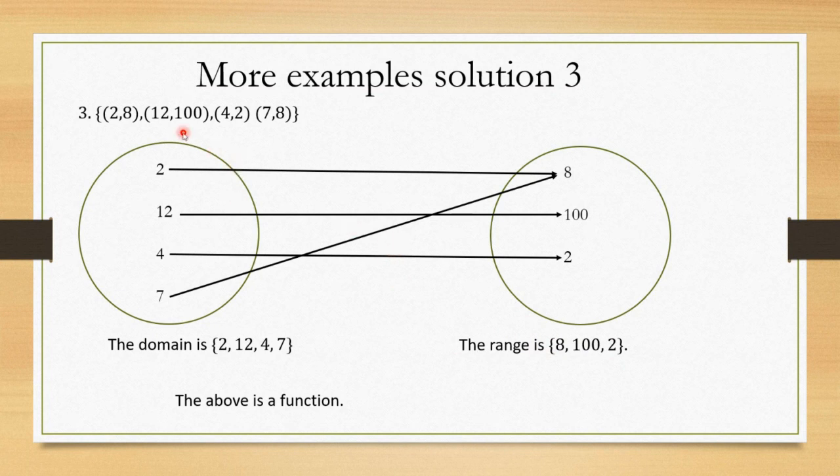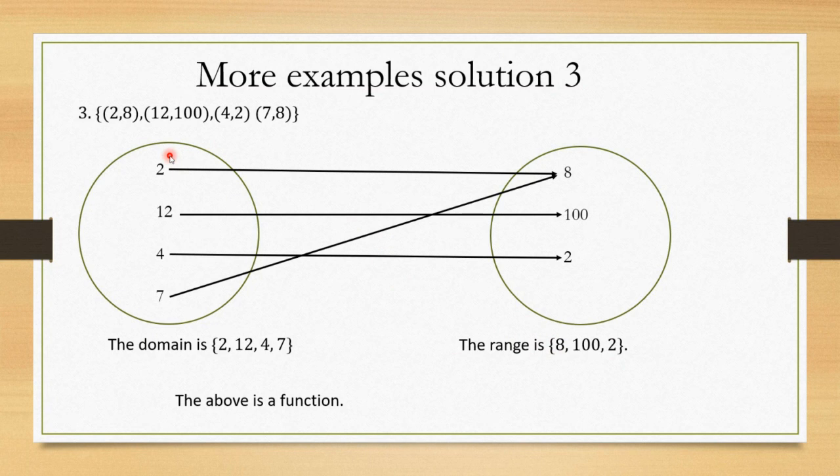Okay, so we have these correspondence diagrams, we have relations, we have different ways so far of defining a function. I think I actually mentioned it last time that we can use a graph to define a function.